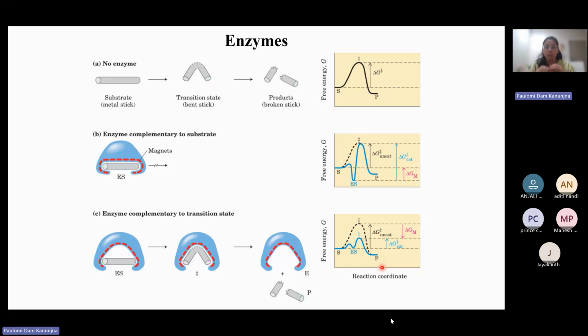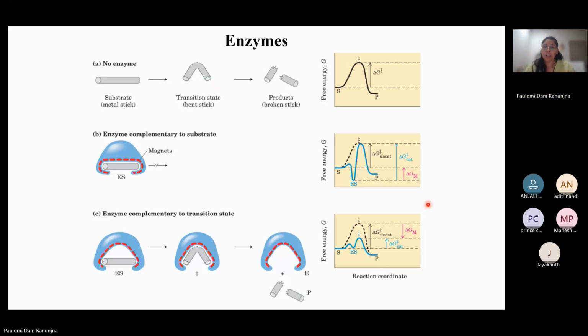This is also not happening, because the enzyme is not participating. Enzyme is not changing in its form. It is just giving the required space for the reaction to take place in a faster way by allowing the formation of the transition state quicker. So it's just catalyzing the reaction by enhancing the rate of the reaction.